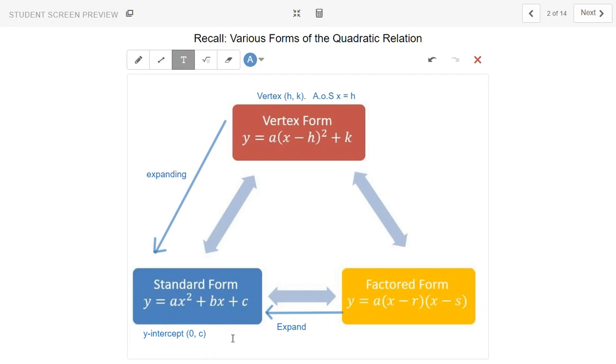Now, you can also find the x-intercept and the vertex from the standard form. So for example, if we want to find the x-intercept, all we need to do is to use the quadratic formula.